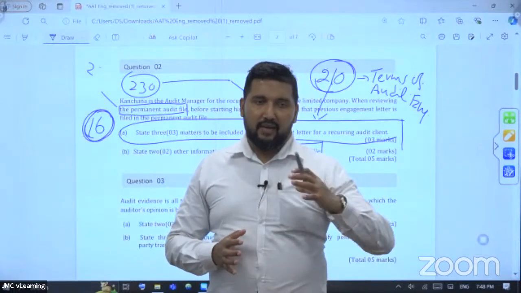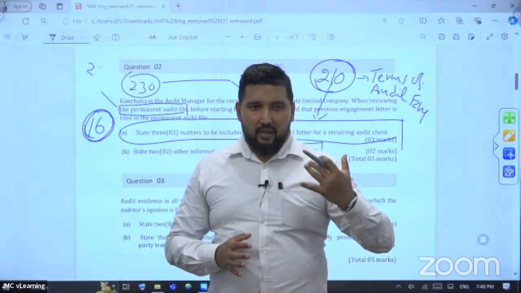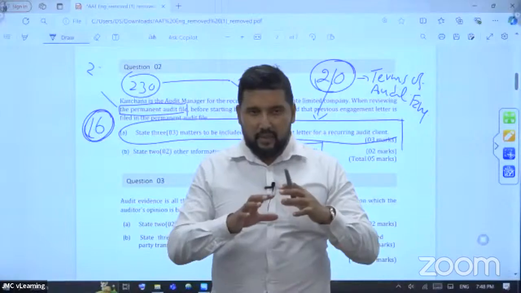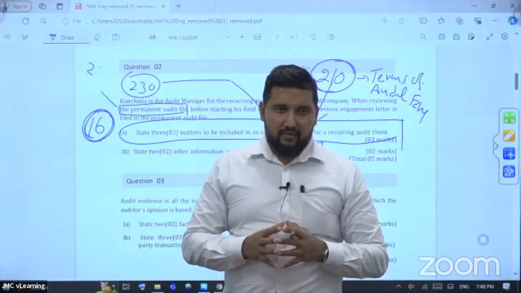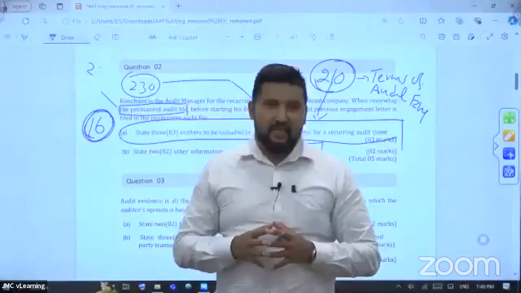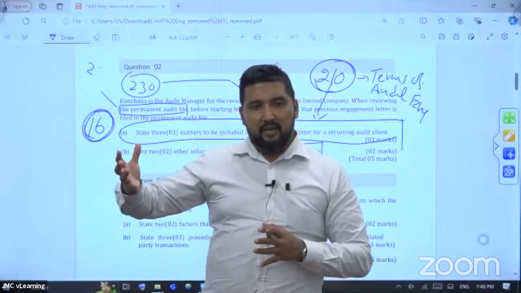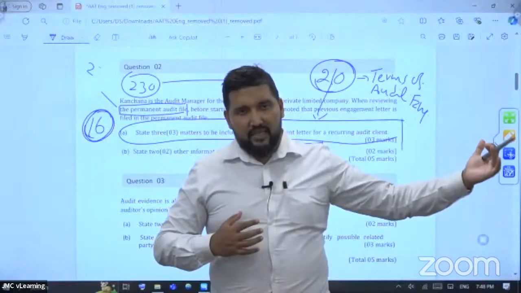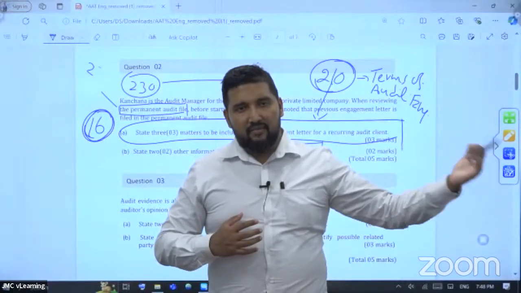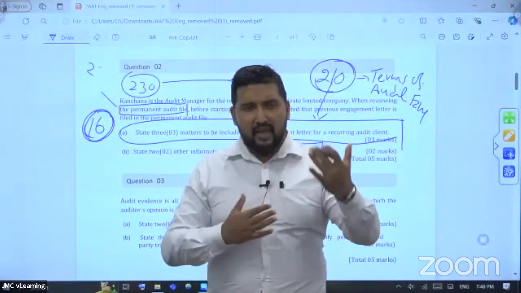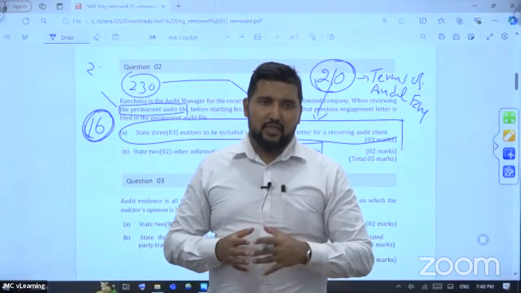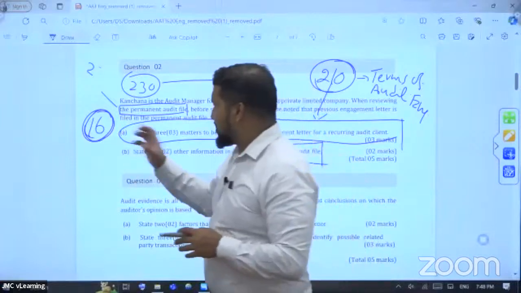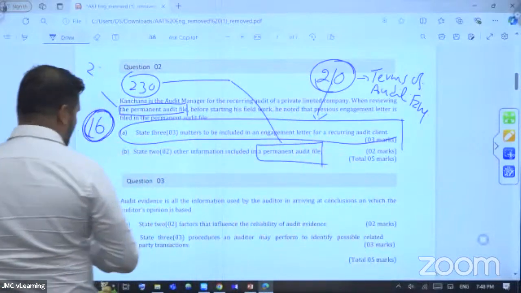The current year audit file is where we include the documents applicable for the year under review, the current financial year. But the permanent audit file is maintained starting from the beginning of the audit, and we carry that file forward to future audits as well. Those are the 2 areas which have been tested.